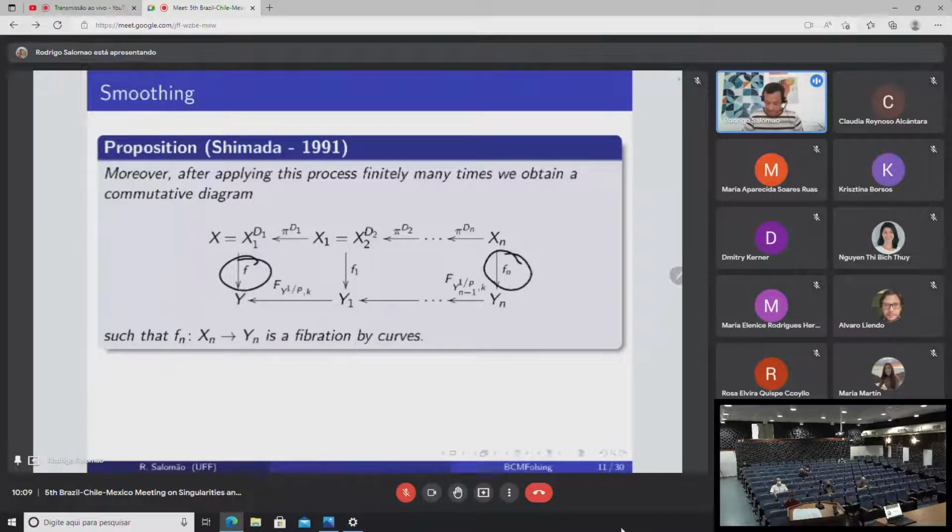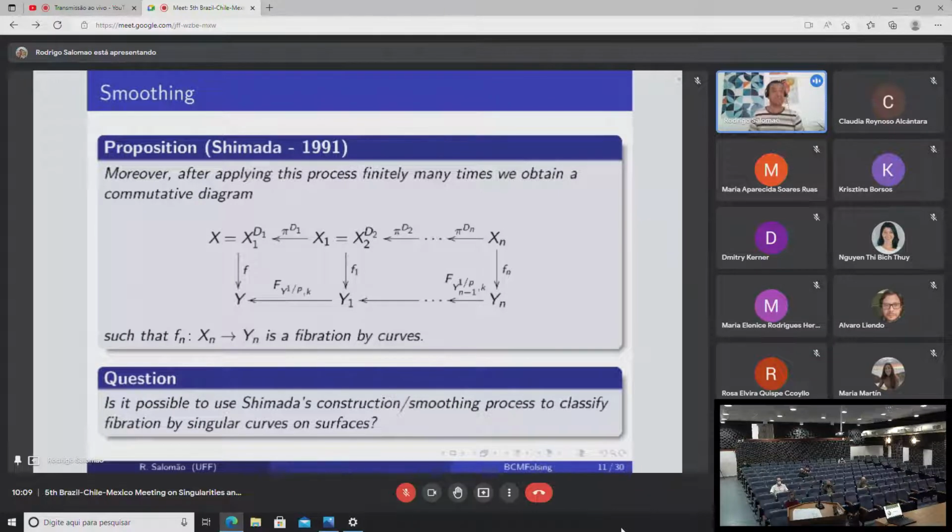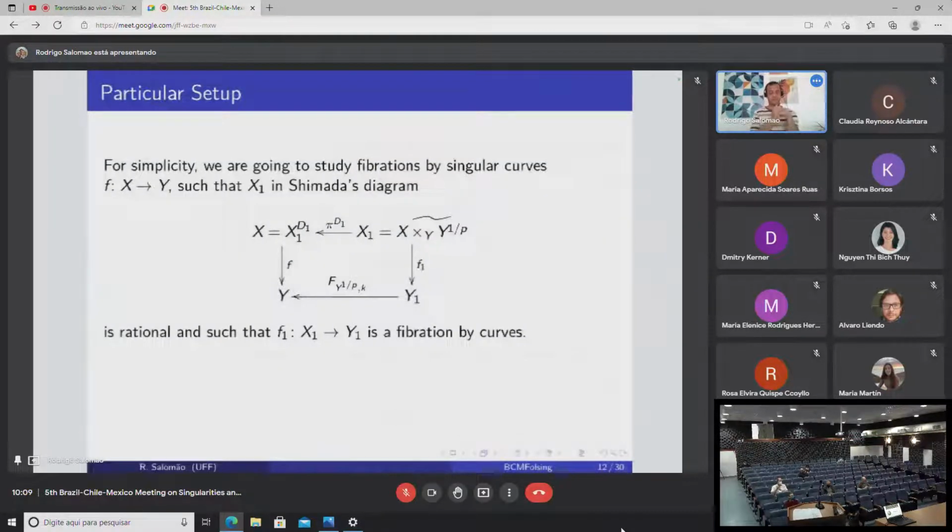Well, so it's natural to ask if it's possible to use Shimada's smoothing process to classify fibration by singular curves on surface. And we will approach this problem with a particular setup, okay?